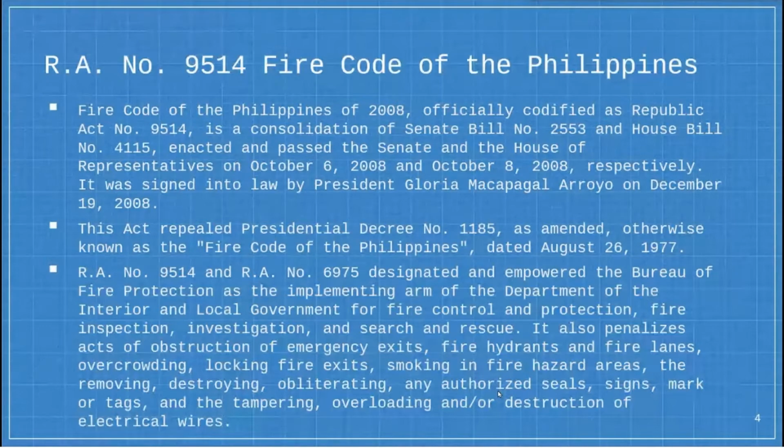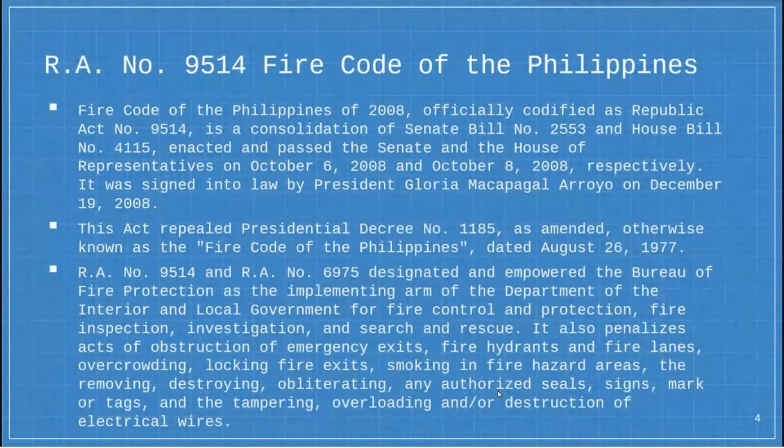Now we have the RA 9514, the Fire Code of the Philippines. There you can see the full disclosure of the meaning of that one. Essentially the meaning of this code is to recognize that safety of life is more than a matter of means of exits, and accordingly deals with various matters which are considered essential to the safety of life.